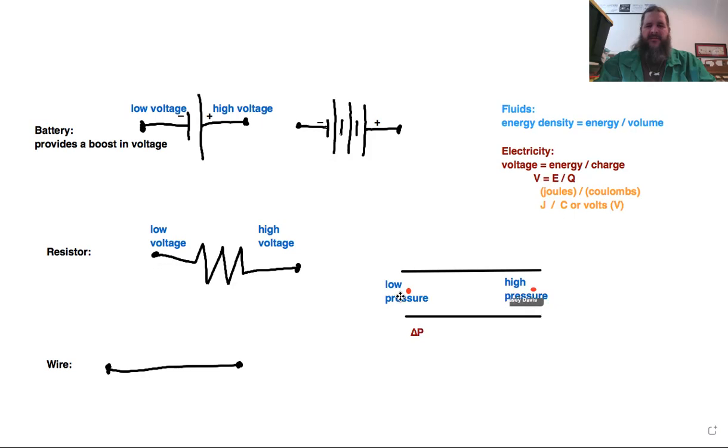But if there's a difference in pressure and there's nothing else going on, no height difference, no area difference, and no pump, the only other term that could even be in the equation to account for that is the negative I times R. In other words, the pressure difference causes what to happen?